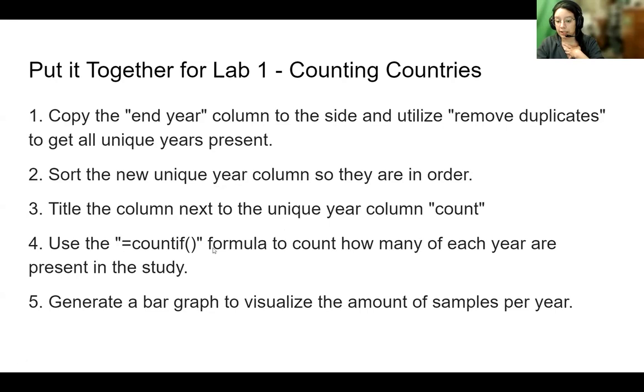And then we want to use our count if formula to count how many of each year are present in the, whoops, we're counting years, not countries. How many of each year are present in the study? And you can also do this to count countries. And then we want to generate a bar graph to visualize the amount of samples per year. This also would work if we were doing countries.